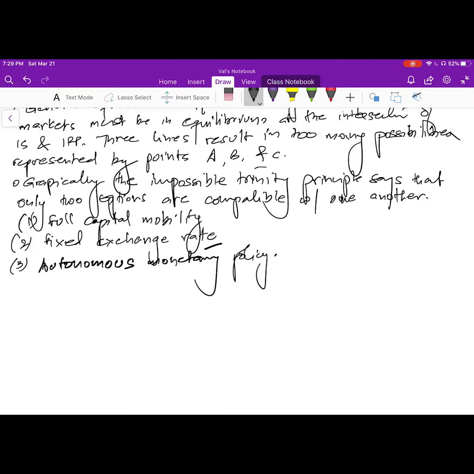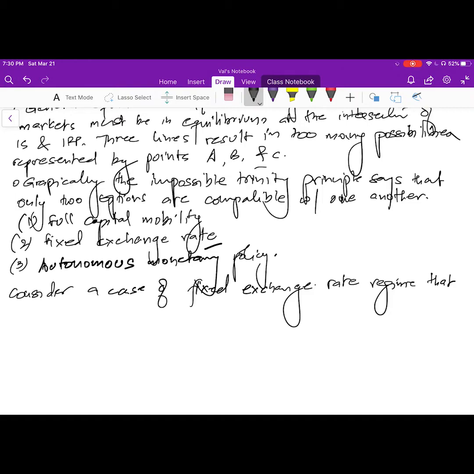Okay, so let's consider a case of a fixed exchange rate regime. That sits at point A, where the goods market is in equilibrium.